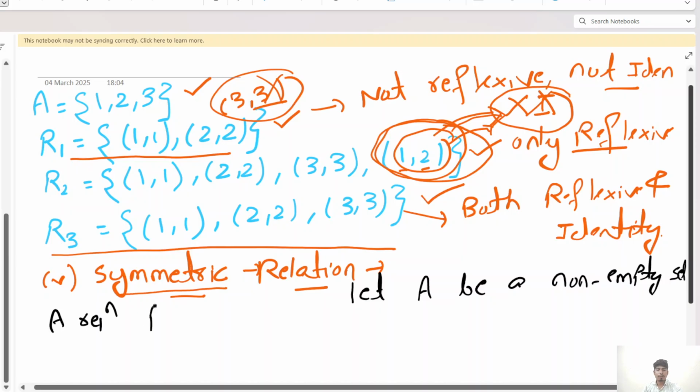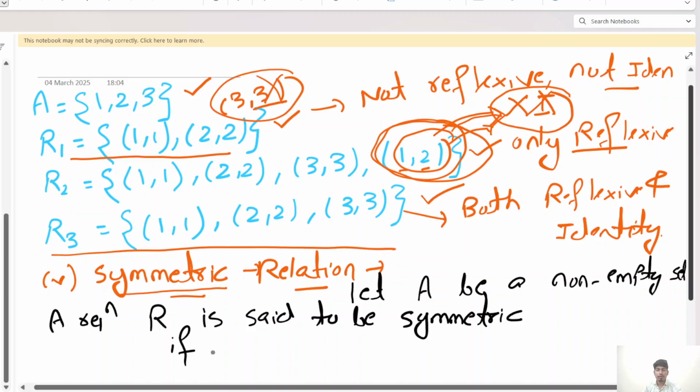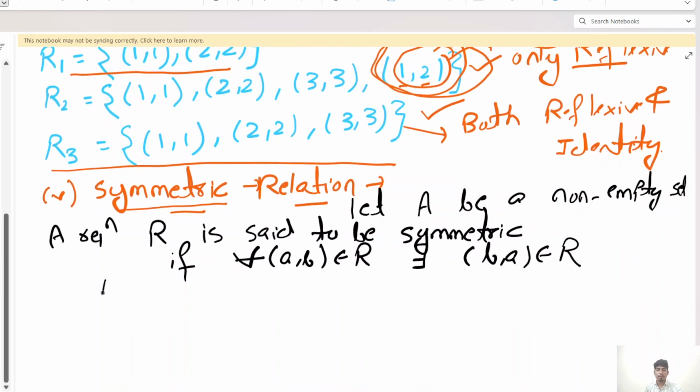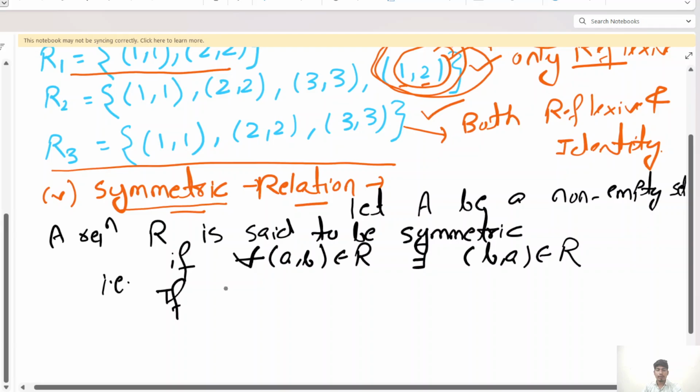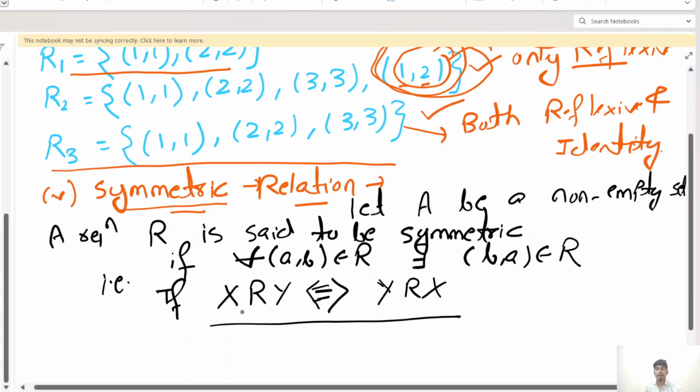A relation R is said to be symmetric if for all (a,b) belonging to R, there exists (b,a) in R. Or we simply say, if X is related to Y, then Y is related to X, then R is symmetric.